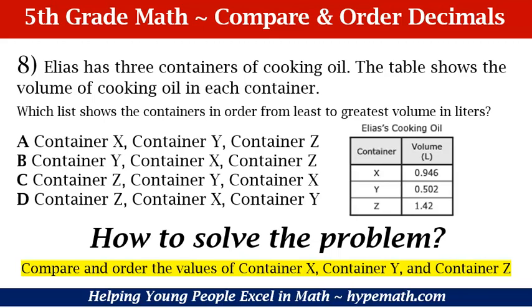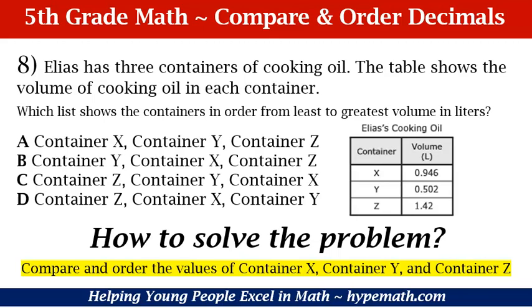We move to the tenths place. There's one number that has a 9 and one number that has a 5. Which is the smallest? I would say 5. So, when ordering the numbers from least to greatest, container Y would be the first container because it's the smallest one.